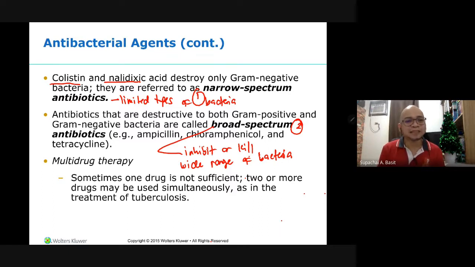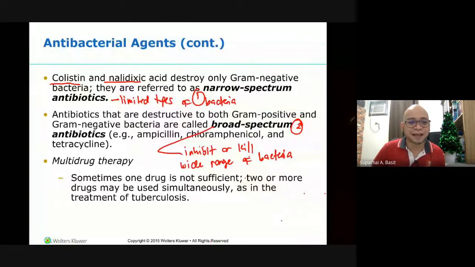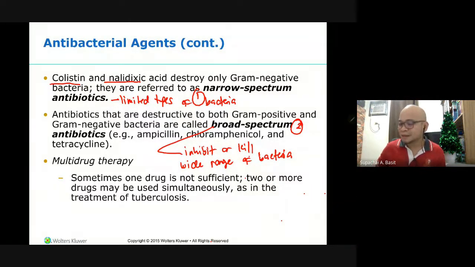Multi-drugs: sometimes one drug is not enough. So two or more drugs may be used simultaneously, all at the same time. An example would be the drugs we use for the treatment of tuberculosis.